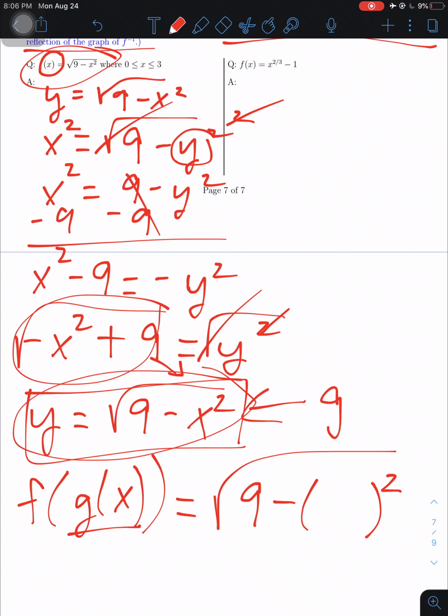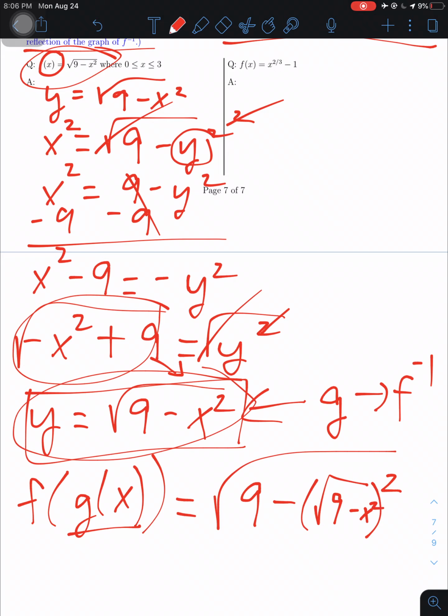The inverse function of it is g. Or if you want, you can call it f inverse, because that's the inverse function. If you want to call it g, I will understand. So I'm going to put the square root in here, and then 9 minus x squared.